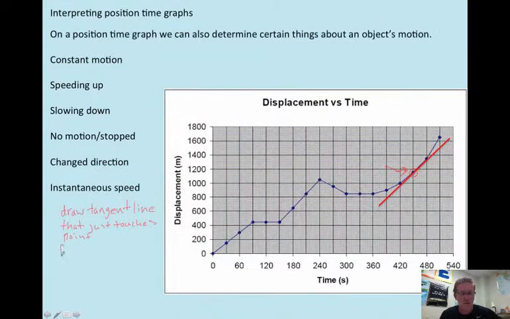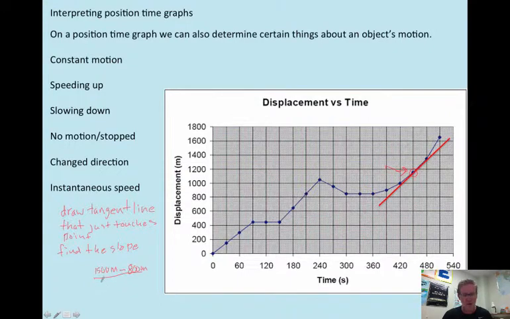And then we would find the slope. I don't want to make this last too long. So here's my tangent line, and I found my slope with these numbers. I picked a point at 1500 meters as the upper point, and then my lower point on the y-axis was at 800 meters.